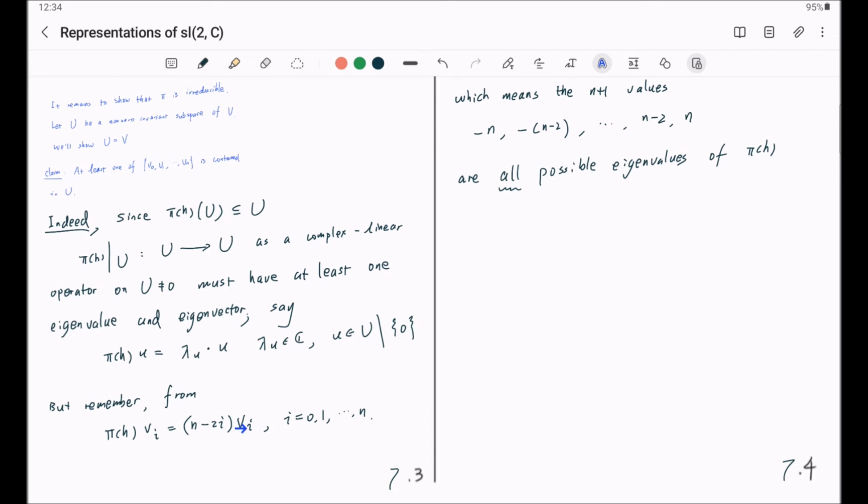Because v_i is always a non-zero vector for i equal to 0, 1 through n. What does this tell you?